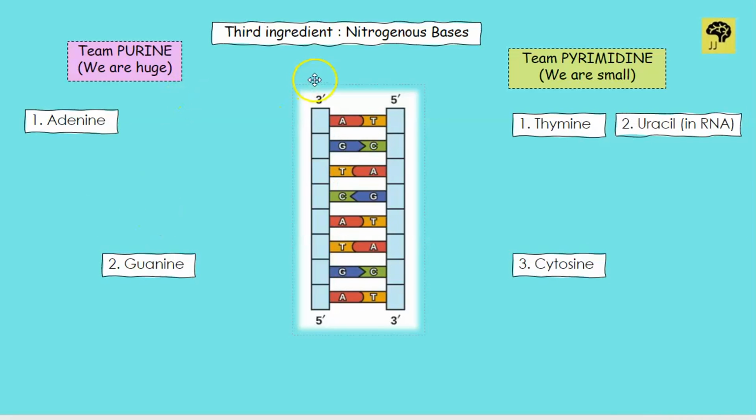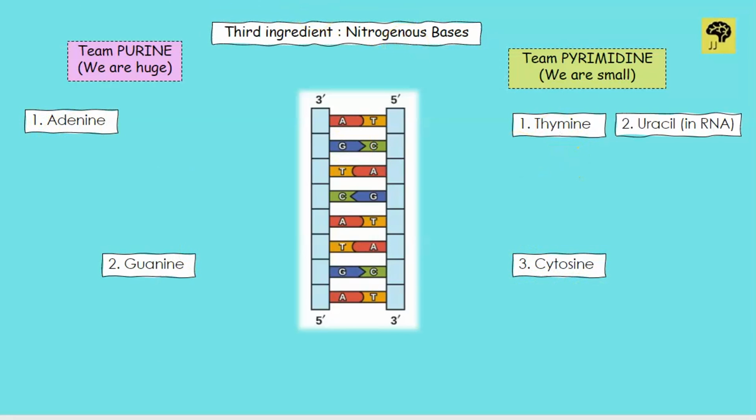Nitrogenous bases belong to two teams: team purine and team pyrimidine. Team purine includes adenine and guanine, which base pair with the other team, thymine and cytosine. They do not have any other choice: cytosine cannot base pair with adenine, nor can guanine base pair with thymine.